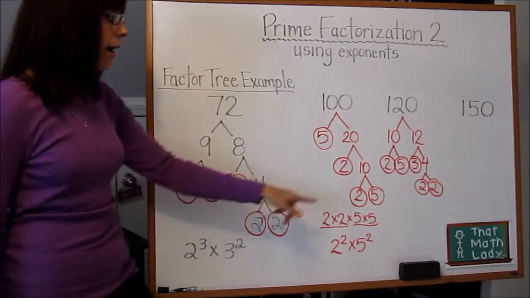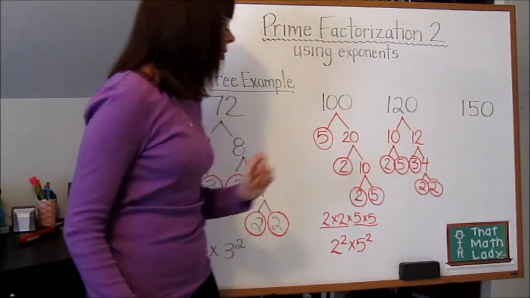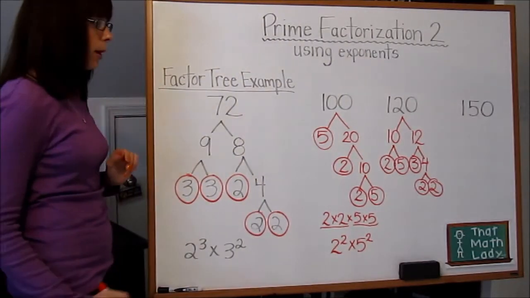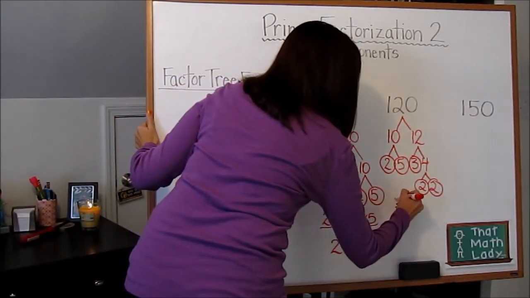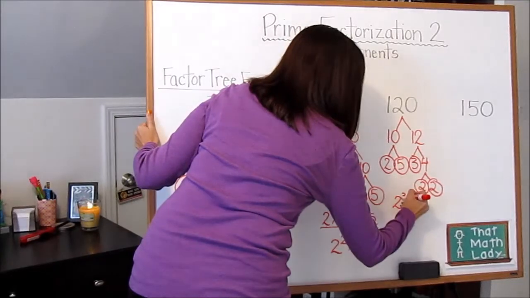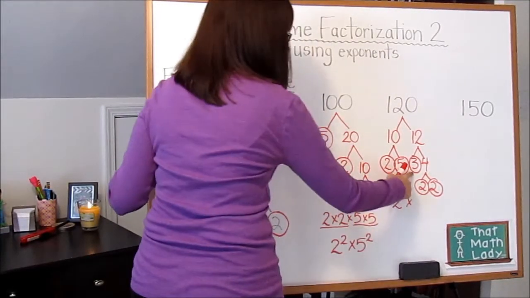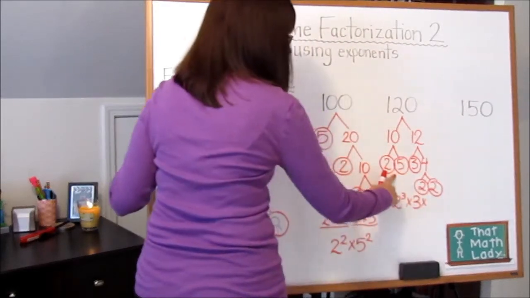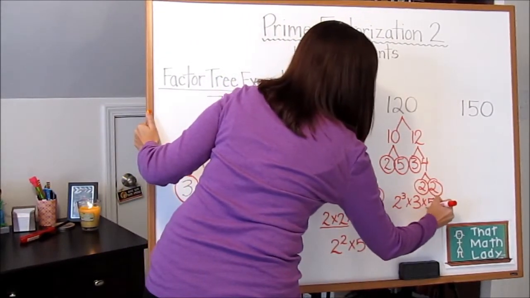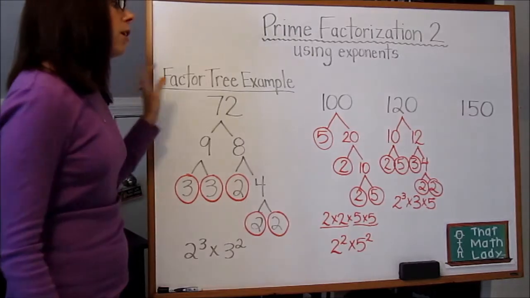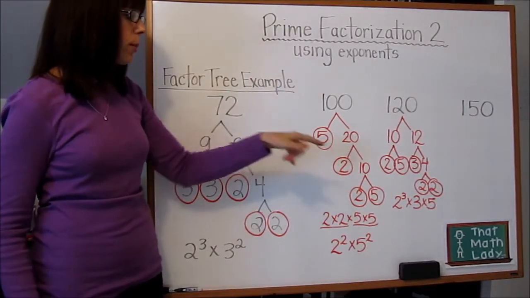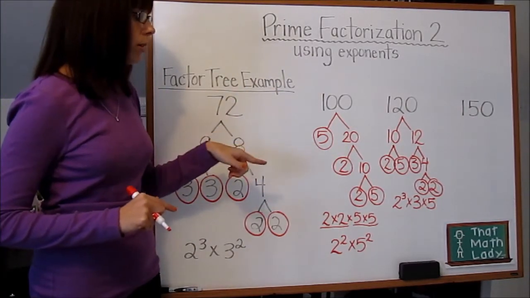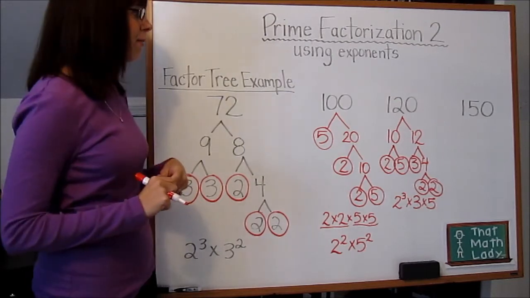Okay, so if you notice, I have 3 2's that are circled, 3 2's that are my prime factors. So I'm going to have 2 to the power of 3 times, I have 1 3 times 1 5. So the prime factorization for 120 is 2 to the power of 3 times 3 times 5.